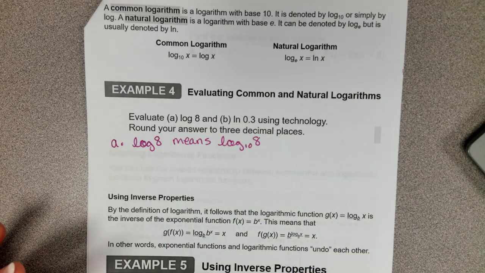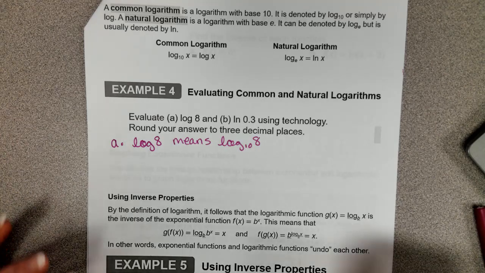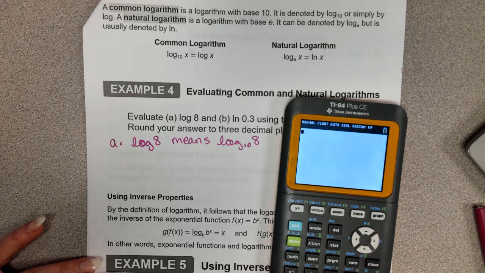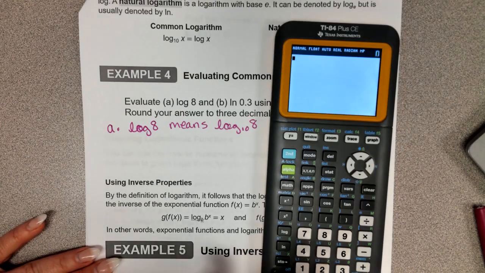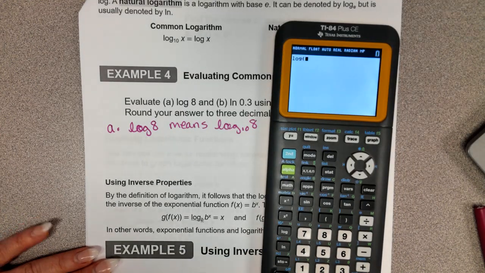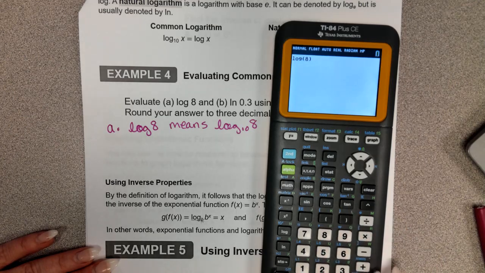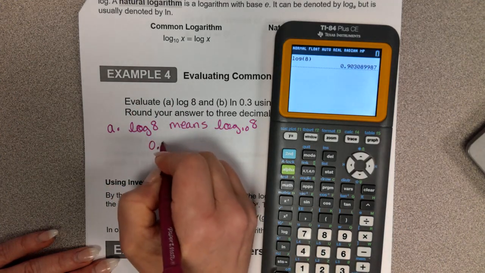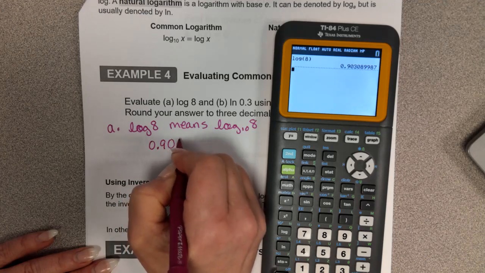And you can use your calculator to evaluate that. You will have to round. It asks us to round to 3 decimal places. So in your calculator, you would use the button that's next to the 7, so log, and then you would enter log of 8, and it'll calculate that for you. Rounded to 3 decimal places, that would be 0.903.